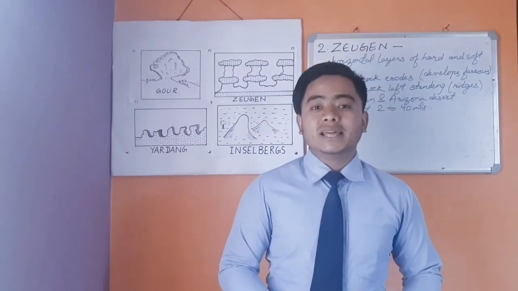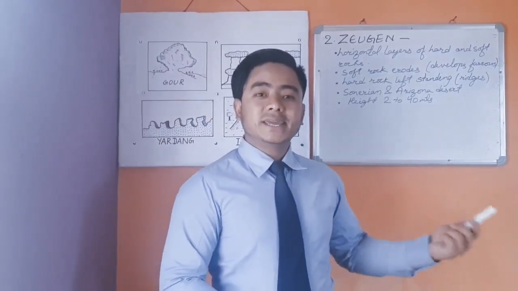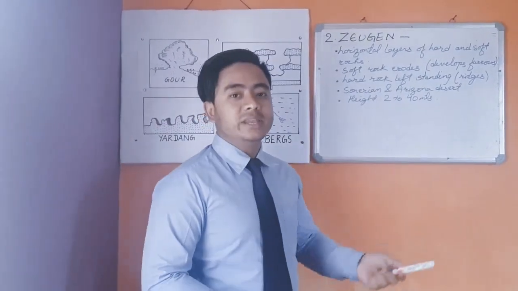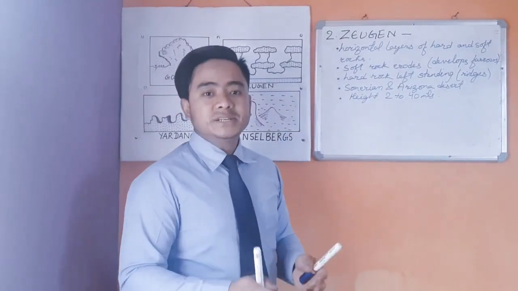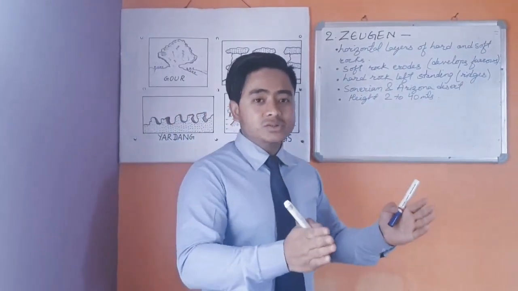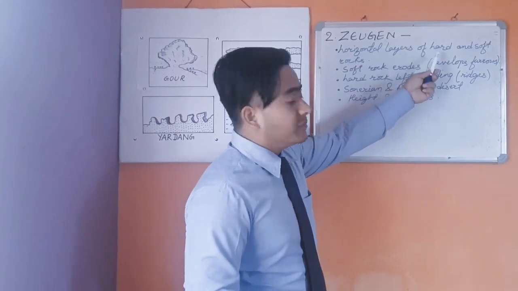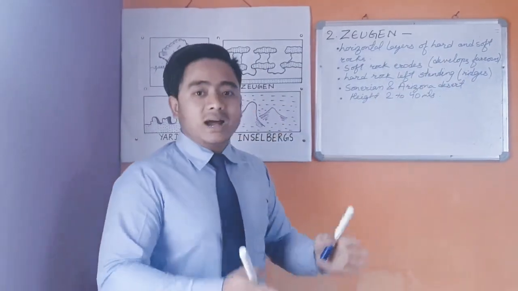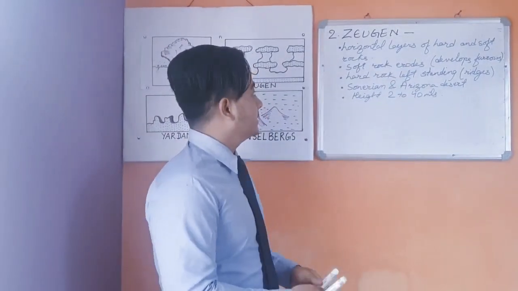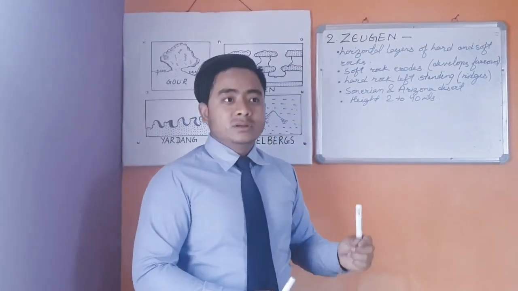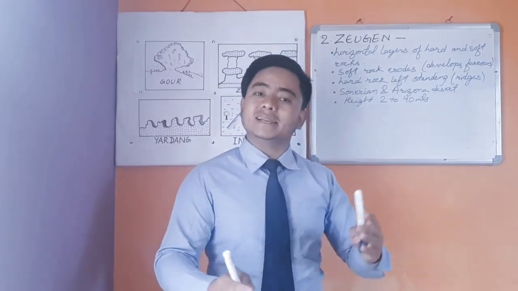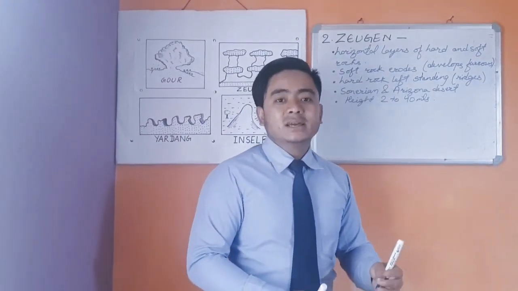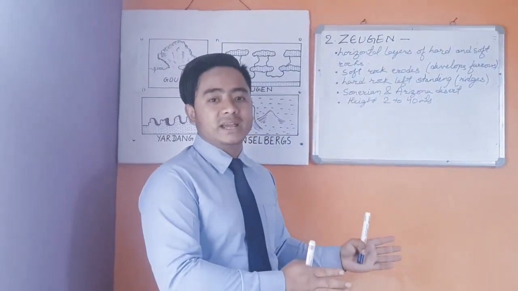So now let's discuss the second landform produced by wind abrasion, that is Zeugen. In desert areas, when the layers of rock, that means hard and soft rock, are horizontally arranged, soft rock gets eroded quickly and easily, whereas the hard rocks are left behind.